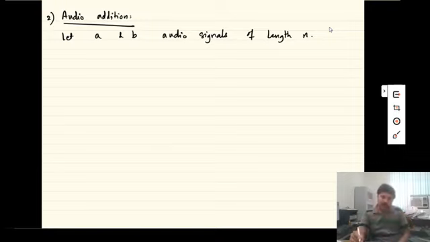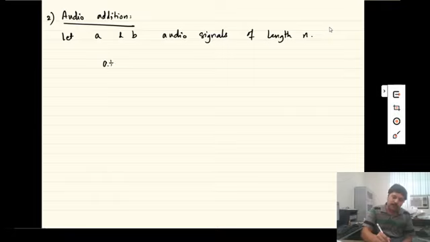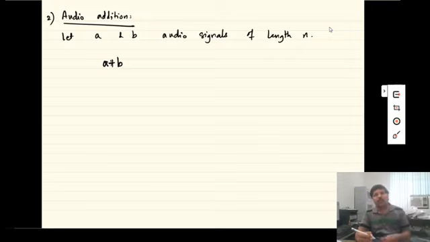And what are A and B? A and B are 2 audio signals. A, for example, is the signal where somebody is singing. So for example, you are singing, and B is the signal where somebody is playing tabla, but they are recorded separately, and then I add them together, then I get A plus B. If you play the A plus B signal, it will have you singing as well as somebody playing tabla together.